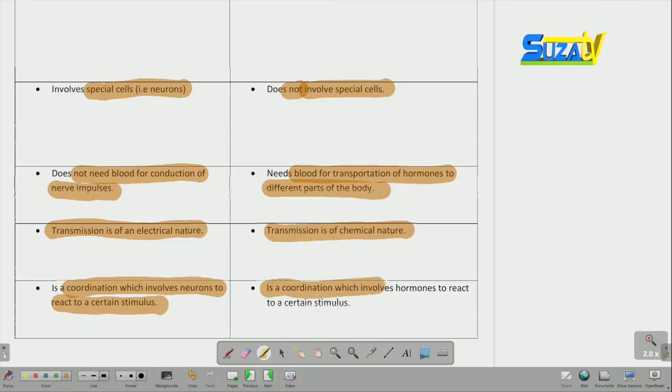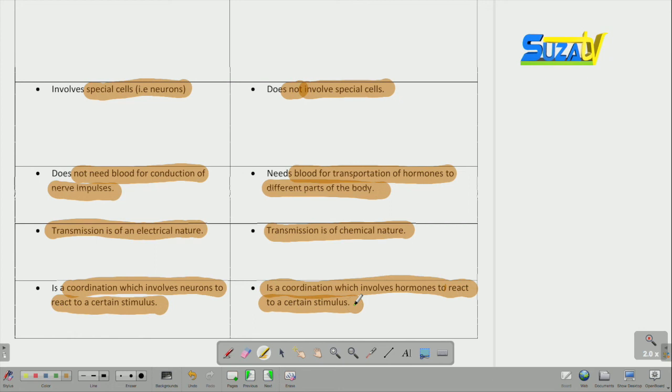While hormonal coordination is the coordination which uses hormones to react to a certain stimulus. There are some stimuli which occur that need hormones to react.